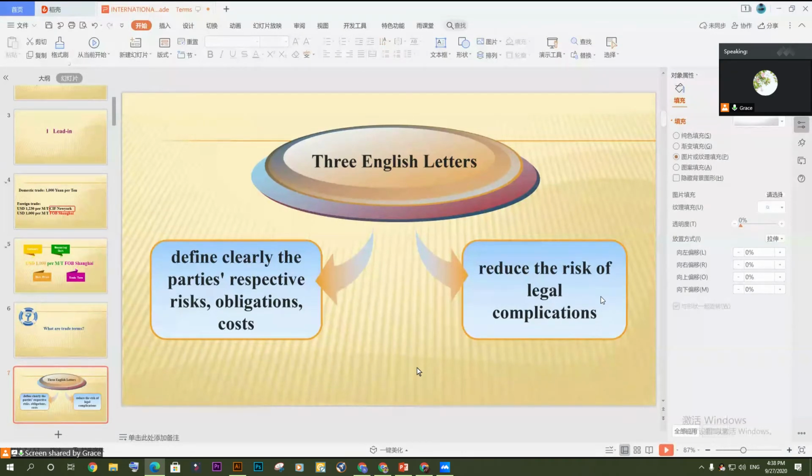That means for different trade terms, the buyers and sellers will have different risks, different obligations, and different costs.